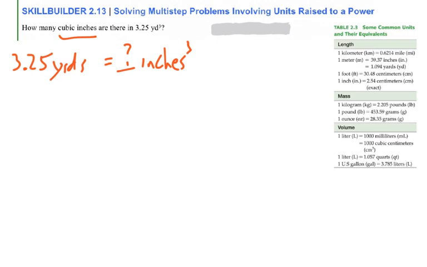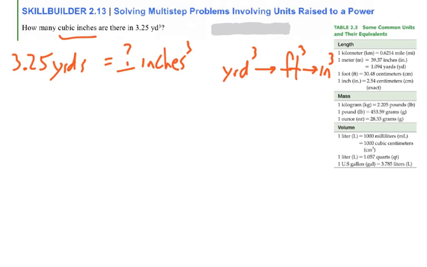So here you want to do a plan, okay? The plan is probably, let's go from yards to feet. I think a lot of people know that conversion factor. There are 3 feet in 1 yard, and then from feet to cubic inches. We can probably do this one in 2 steps.